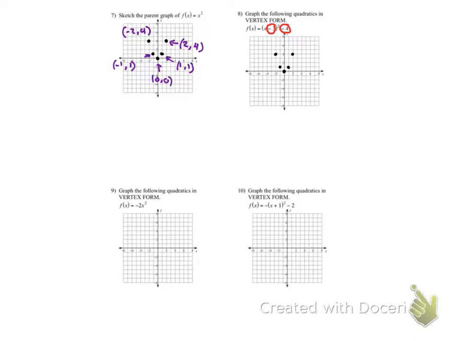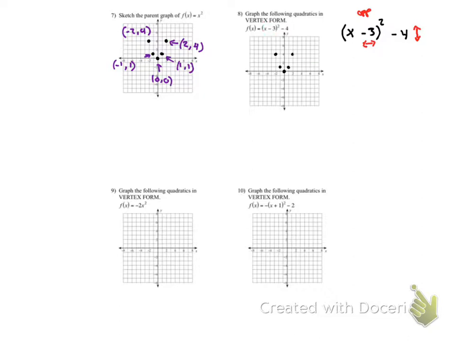Inside, so let me rewrite this here. We have x minus 3 squared minus 4. So this here is responsible for moving us left and right, and this is opposite. And then this here is responsible for moving us up and down, and it's not the opposite. So that one stays the same.